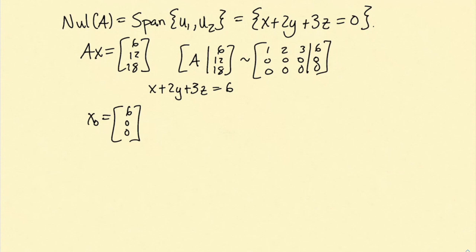To find all the solutions, we simply have to take this vector and use it to translate our null space.